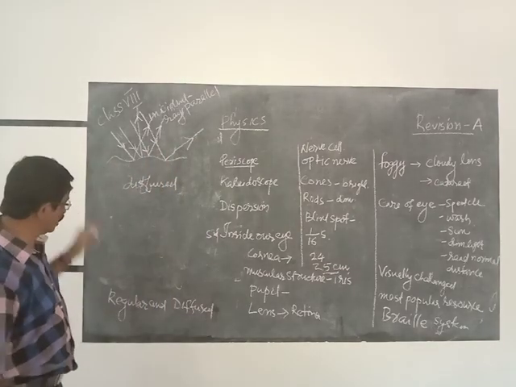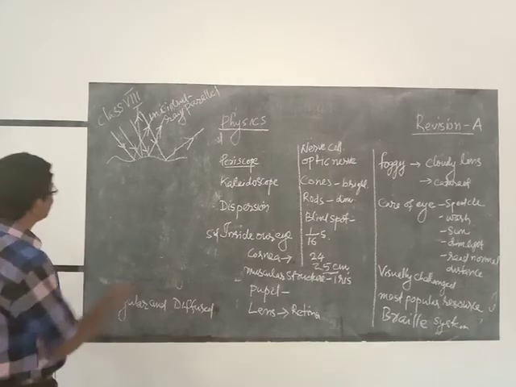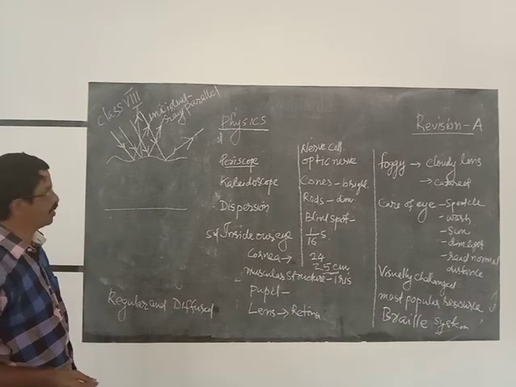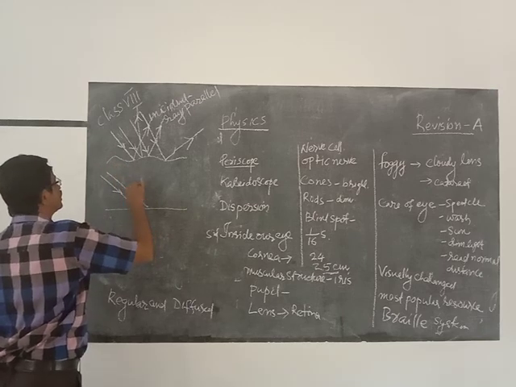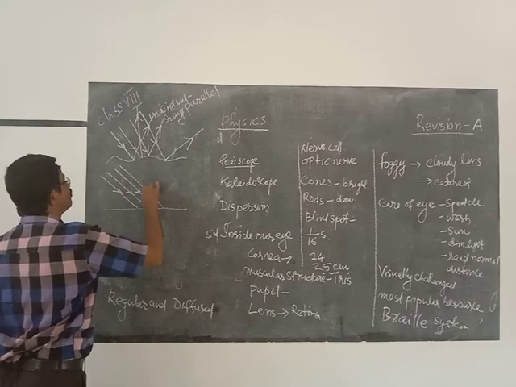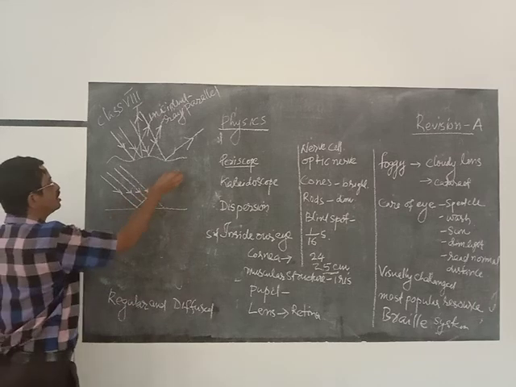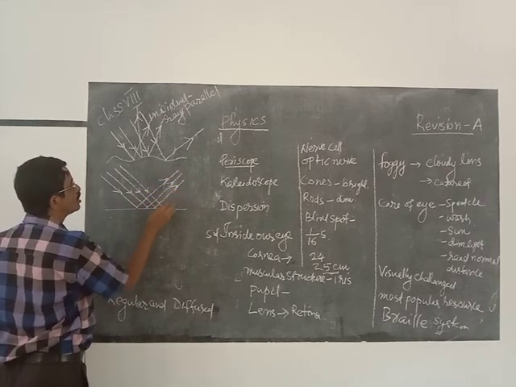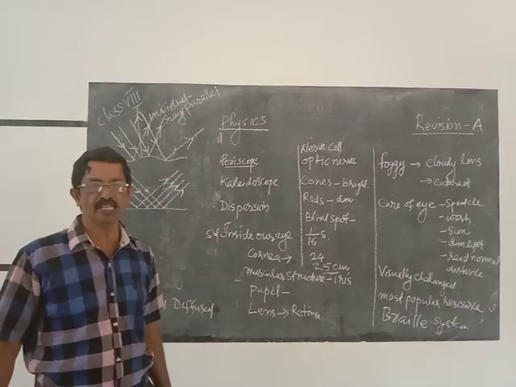But you see, in the case of regular reflection, see reflection on the surface of a plane mirror. Here the incident rays are parallel. See the reflected rays, here the reflected rays are also parallel in this case.